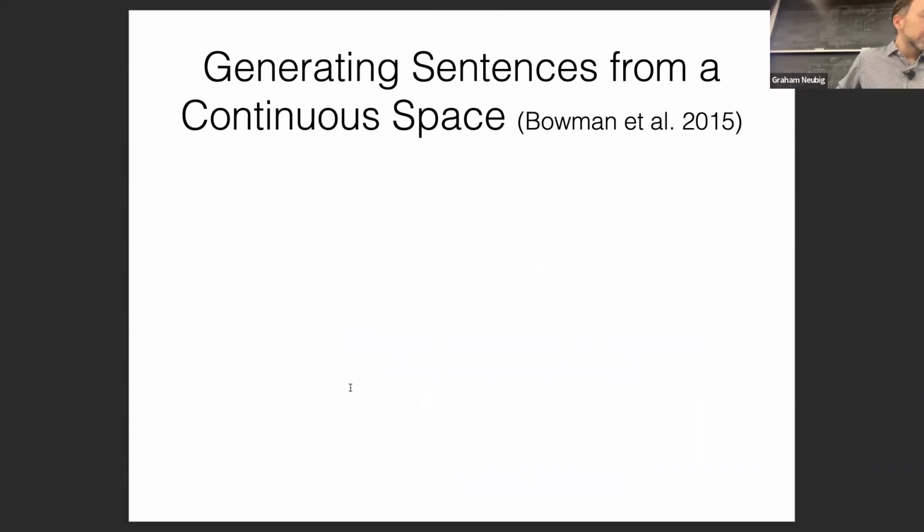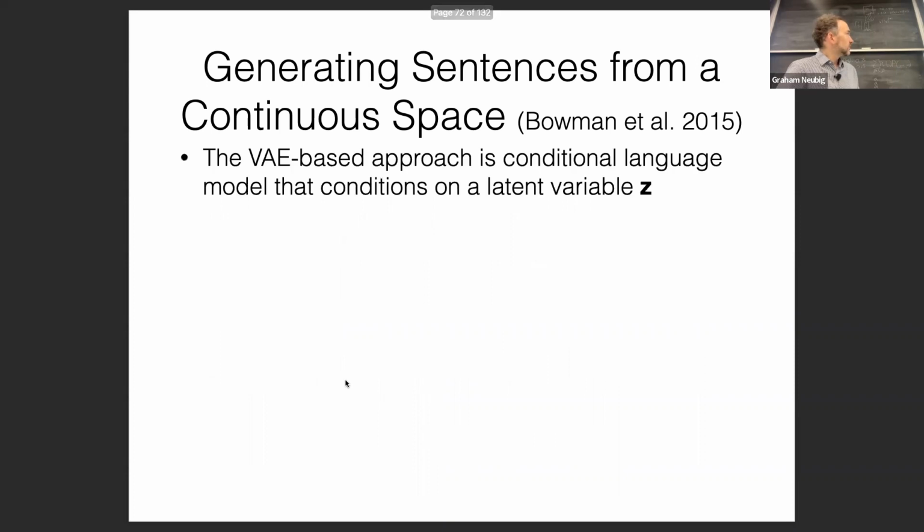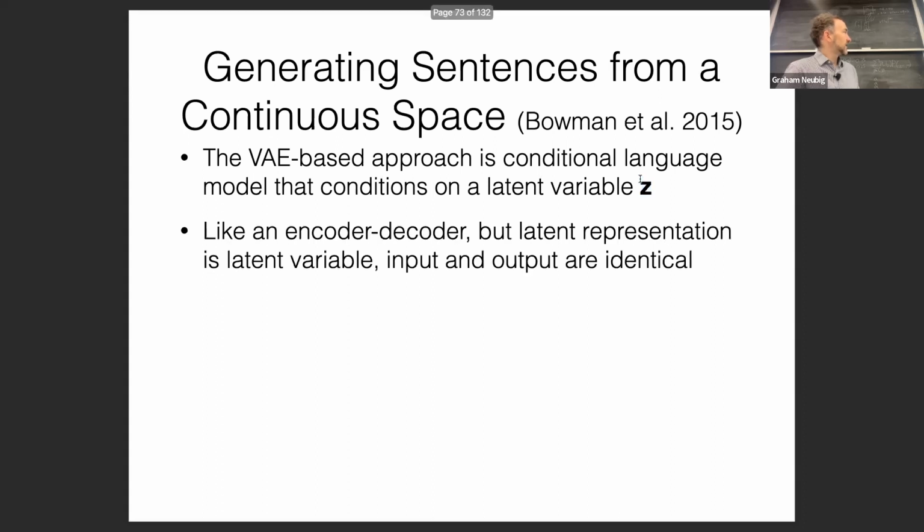This paper, Generating Sentences from a Continuous Space, essentially takes these language models and adds a latent variable to them. So we have a latent variable Z that generates the output. It's like an encoder-decoder model, but the latent representation is a latent random continuous variable, or continuous vector.